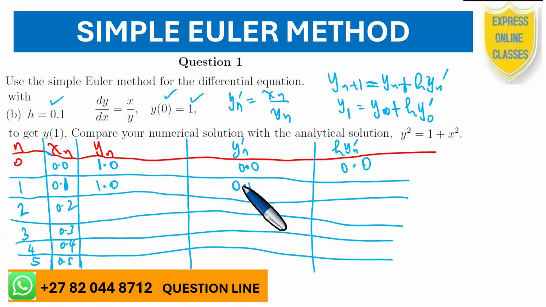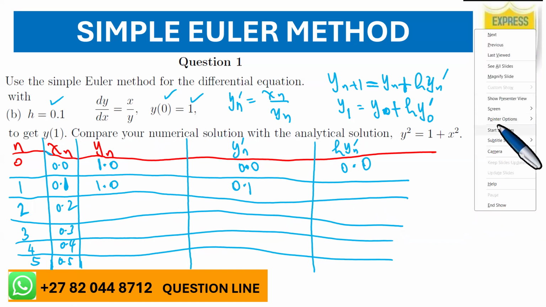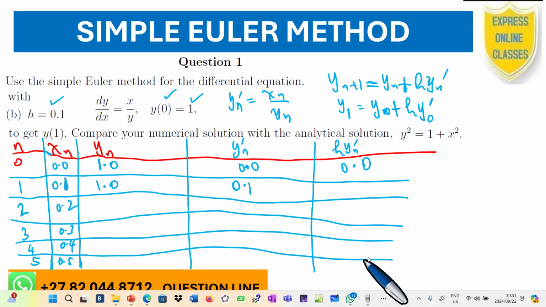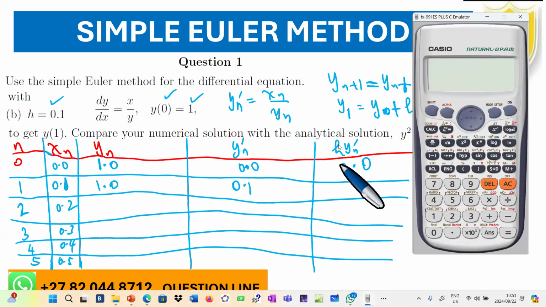Now, if you take 0.1 times 0.1, because 0.1 is h, times y primed, which is 0.1, you're doing another 0.1, which gives 0.01.